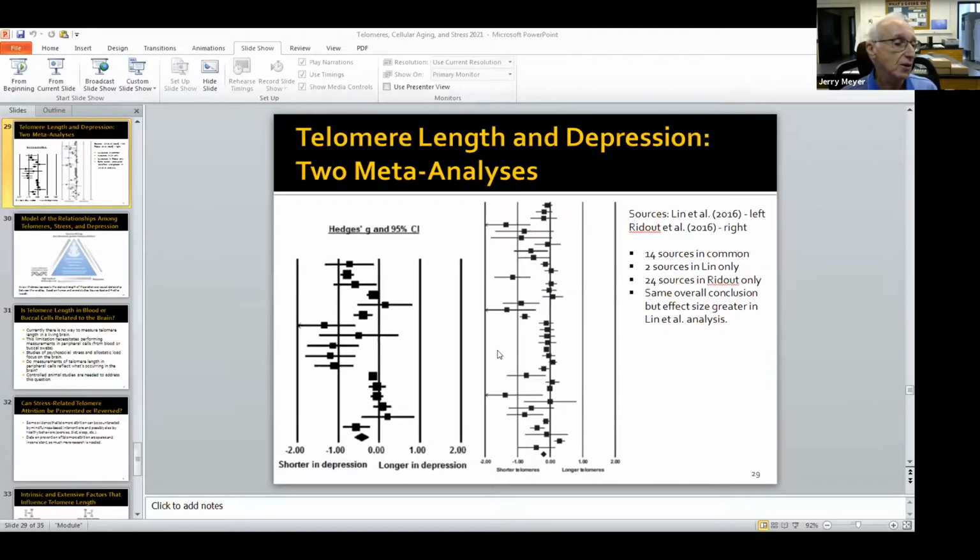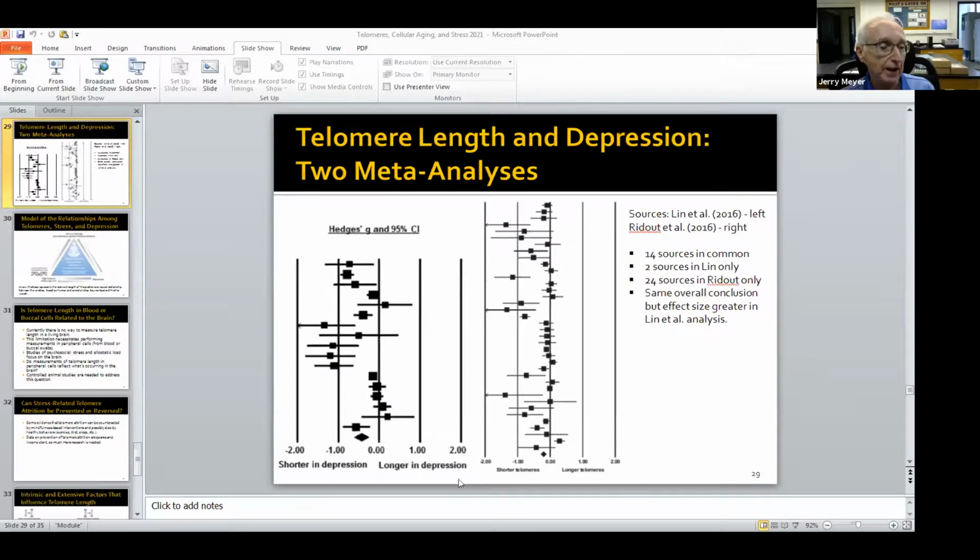The Lin, which is over here, had fewer sources, but did have 2 that were not in the Ridout review. But Ridout included 24 that weren't included in Lin. So their criteria for inclusion differed enough such that there were many more studies included here.